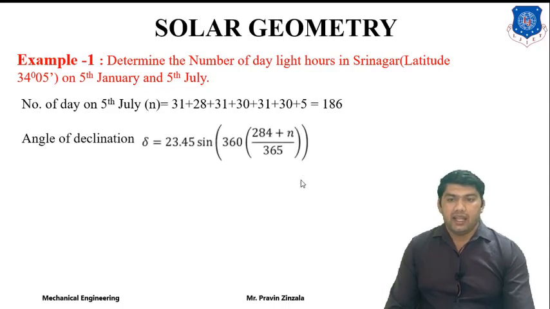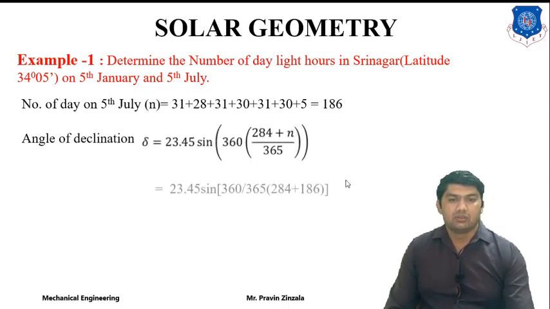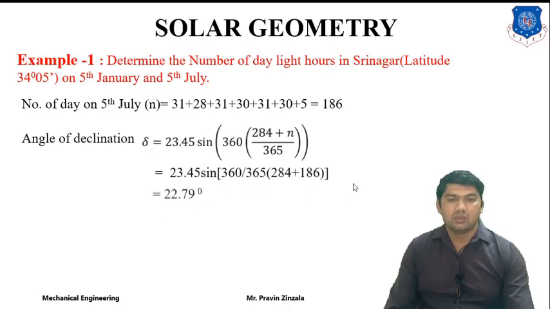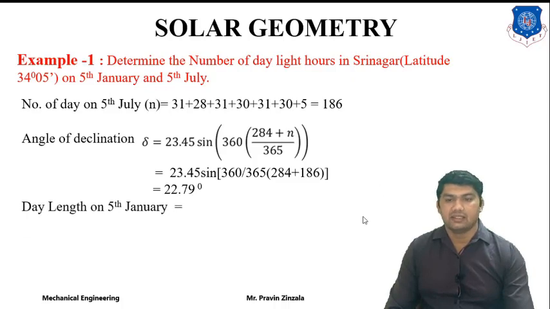Next is the angle of declination. Inserting n equal to 186, the final answer is 22.79 degrees. So the declination angle in Srinagar for 5th July is plus 22.79 degrees.